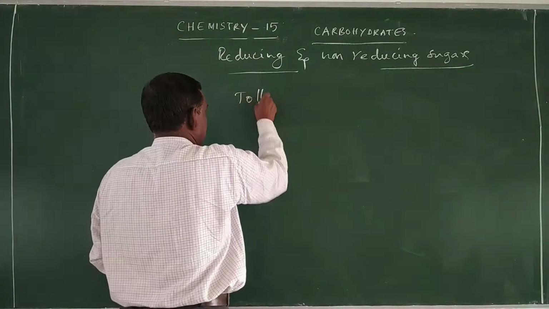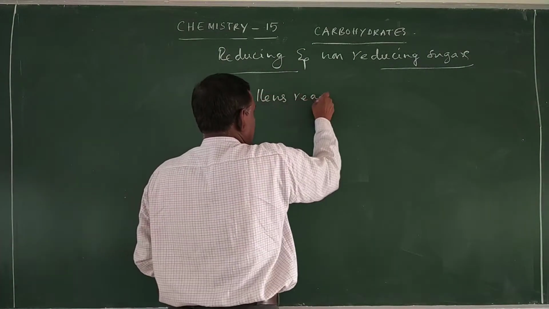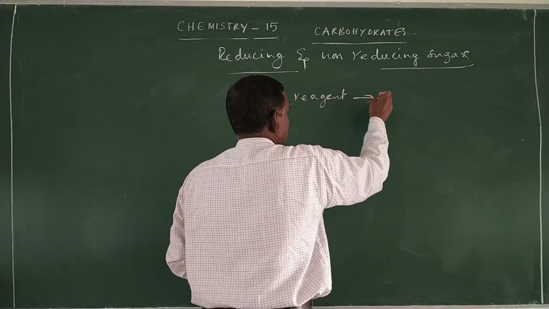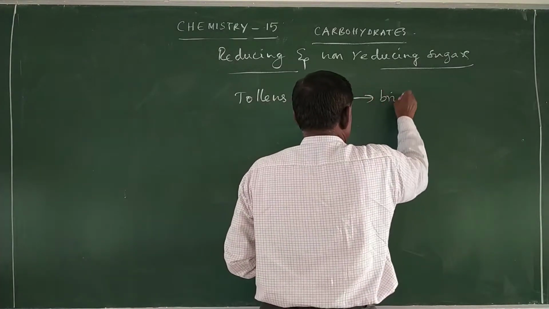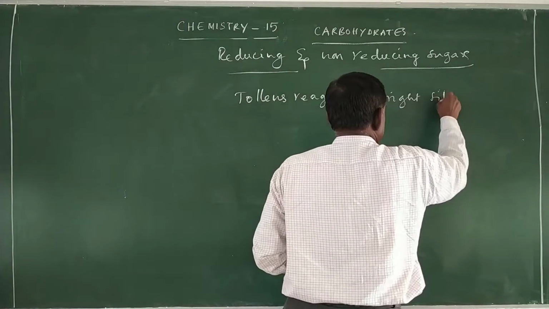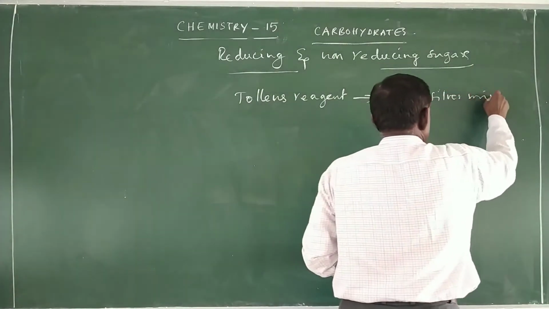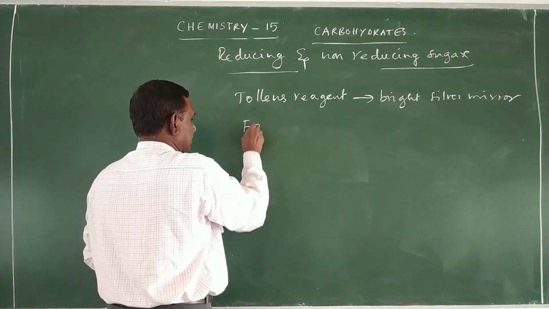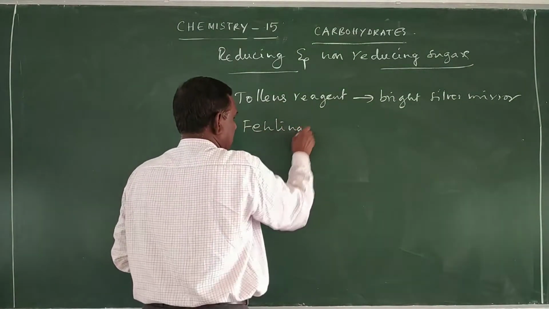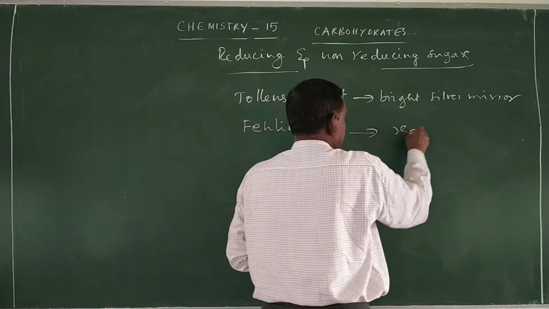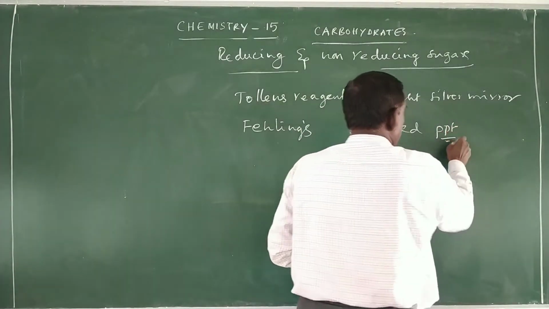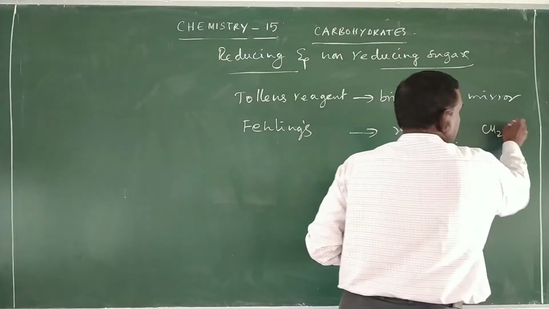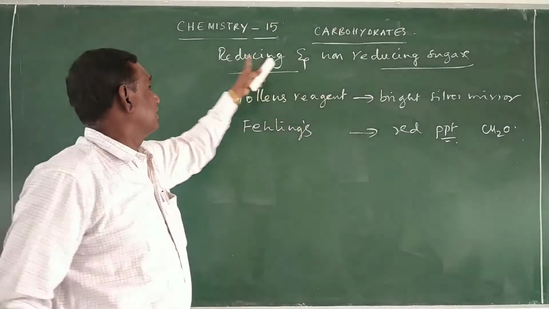Tollens reagent into bright silver mirror and Fehling's reagent into red precipitate of cuprous oxide, that is Cu2O. So these sugars are called the reducing sugars.